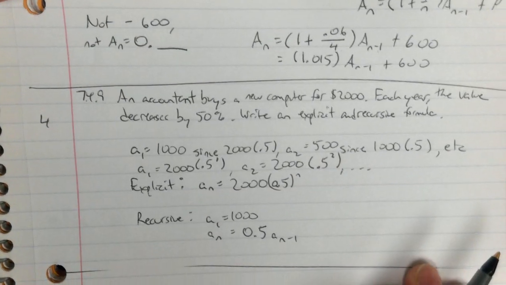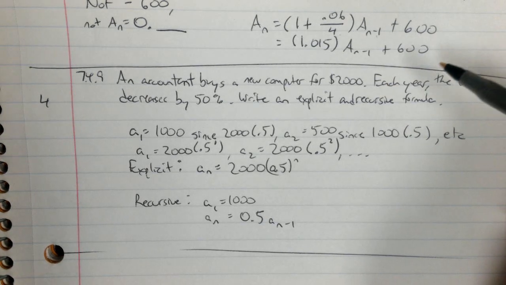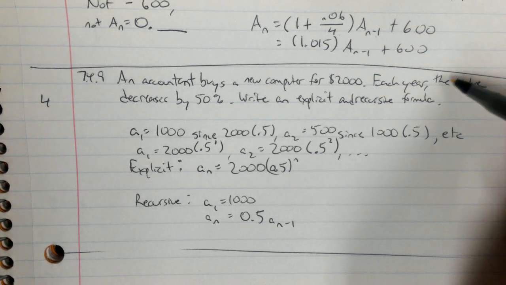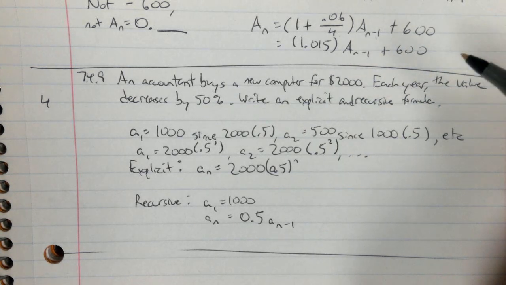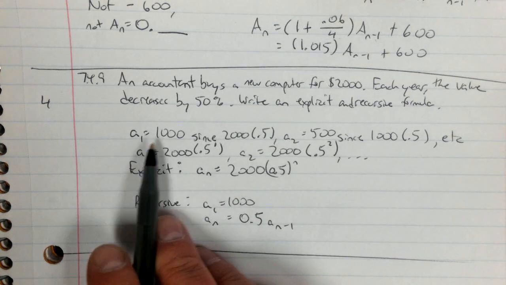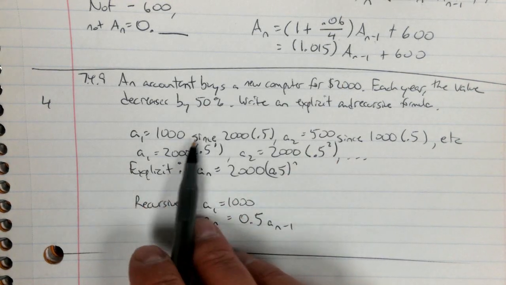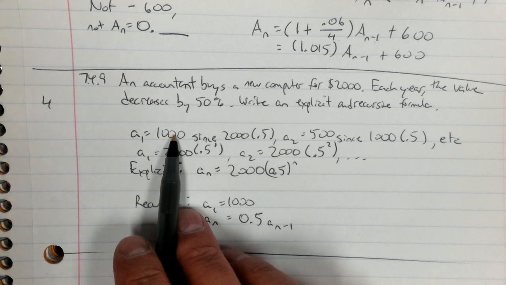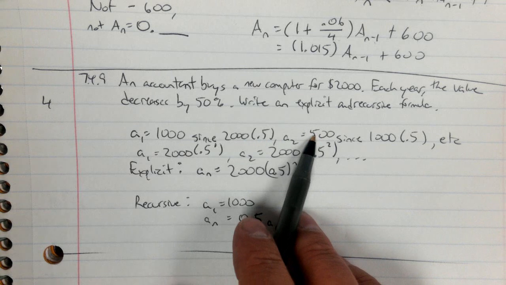On your last one, we have an accountant buys a new computer for $2,000. Each year the value decreases by 50%. Write a recursive and explicit formula. So just using common sense, 2,000 times a half would be 1,000, and then cut it in half again, that's 500, and so on.